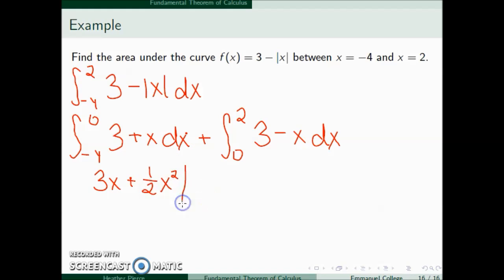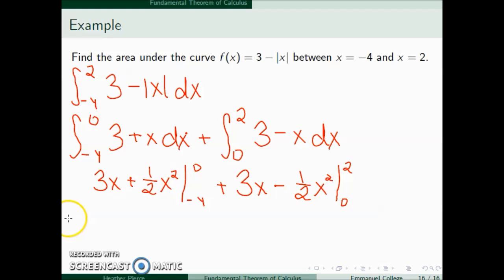And we'll evaluate that between negative 4 and 0, plus 3x minus 1/2 x squared between 0 and 2.